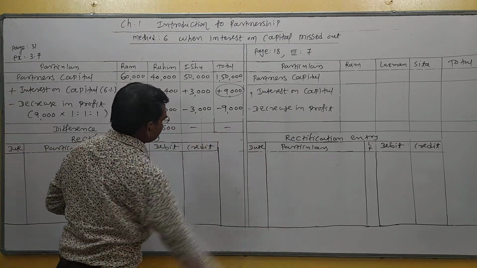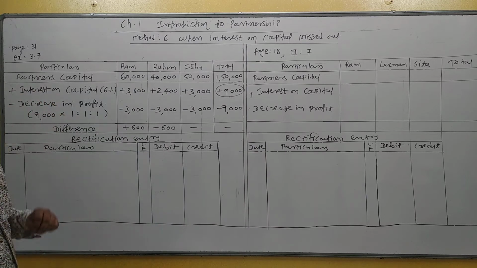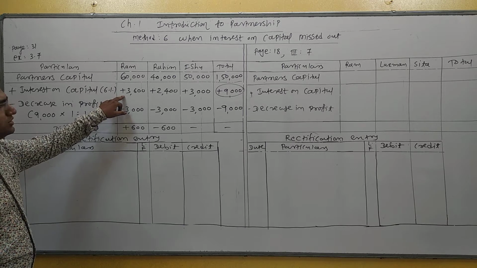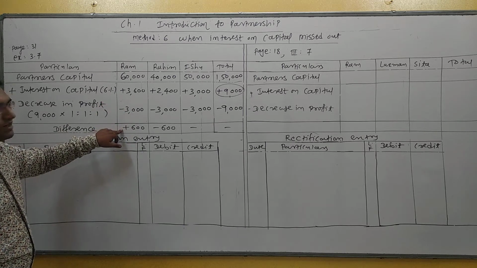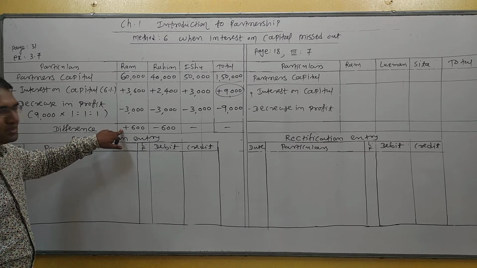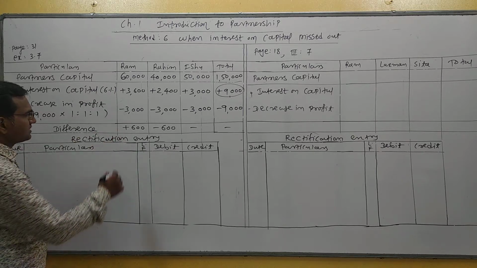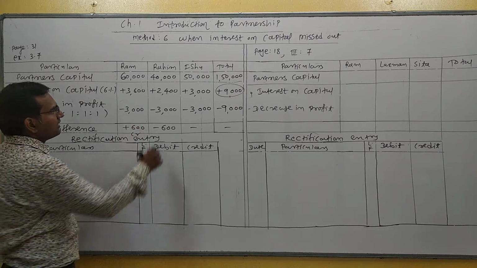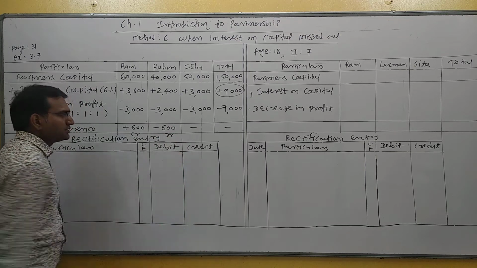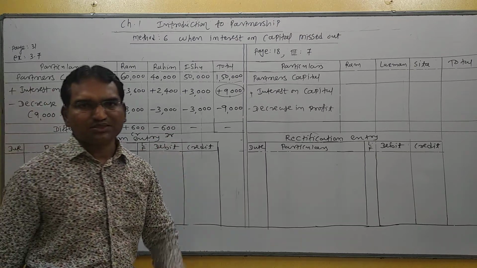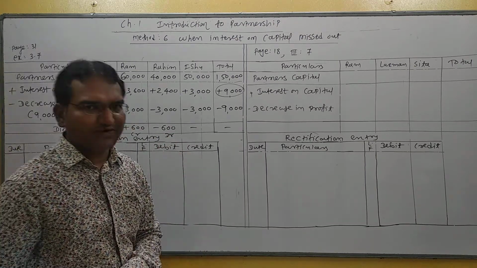Now decide the effect for the rectification entry. So you can see that due to this adjustment, partner Ram is plus 600, so plus 600 means credited, and Rahim minus 600 means debited. Students, you may think why is it debited and credited, right?